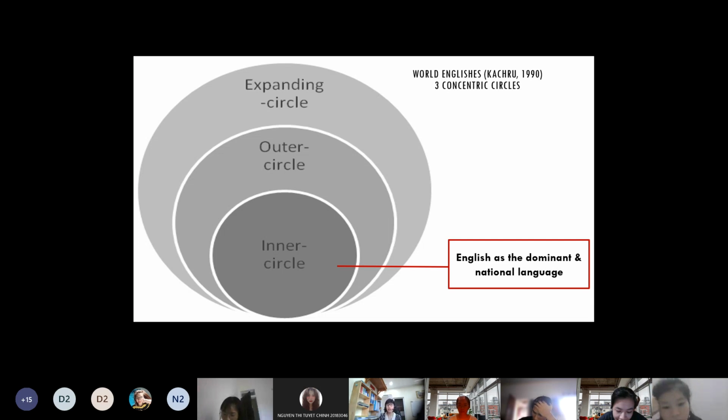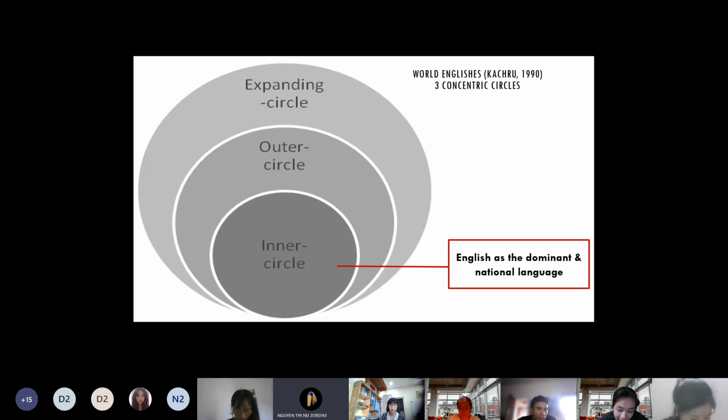So how about the outer circle? The outer circle includes countries that have colonial relations with English original speaking countries like the British or American.